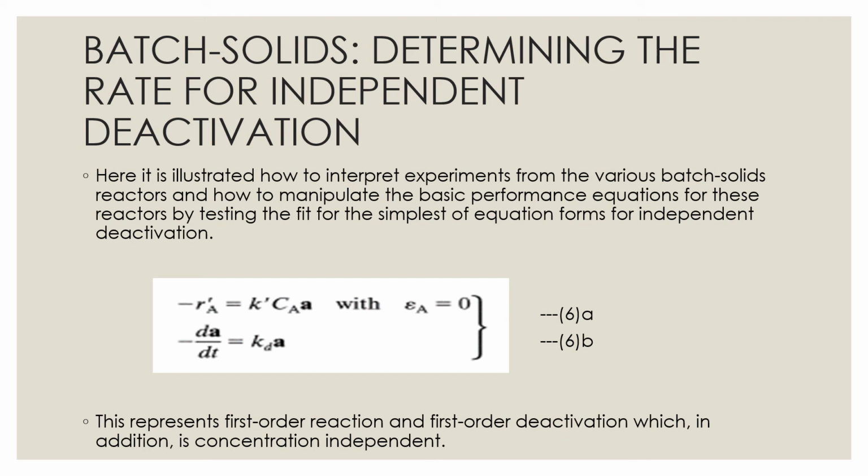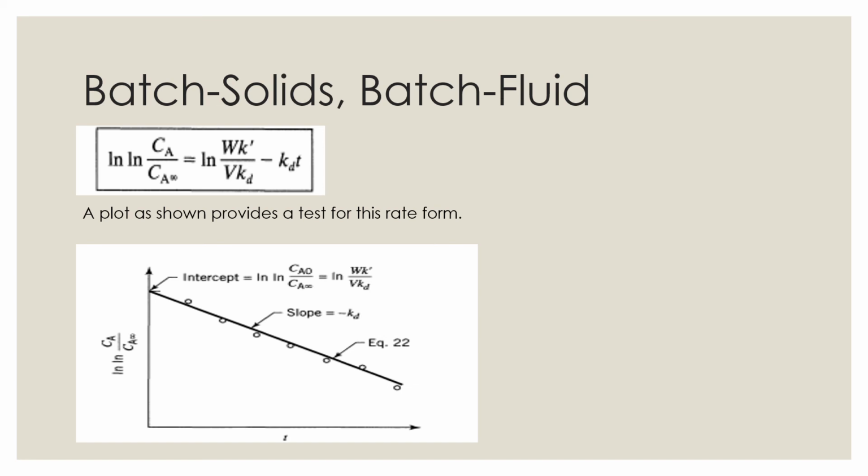Here are the two equations given, 6a and 6b: minus r dash A is equal to k dash C_A with d equal to 0, and minus da by dt equal to k_d times a. This represents the first order reaction and the first order deactivation, which in addition is concentration independent. As we can see, there is no concentration in equation 6b. So that's how it is concentration independent.